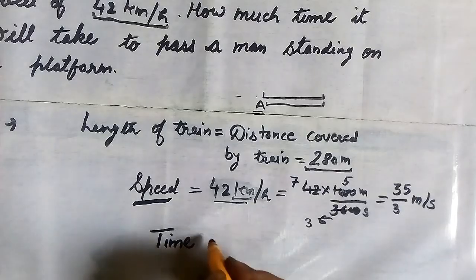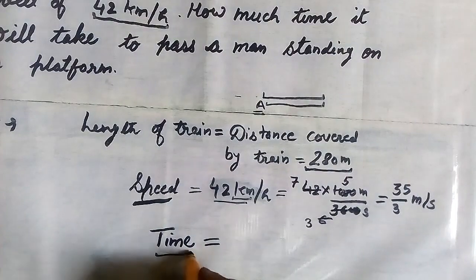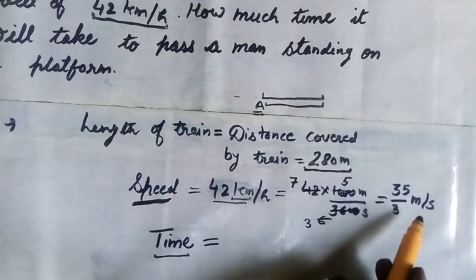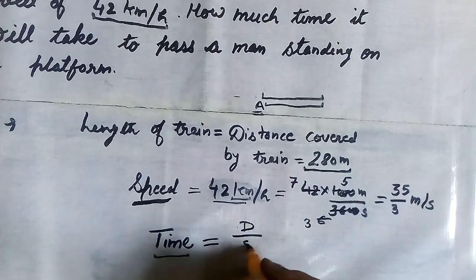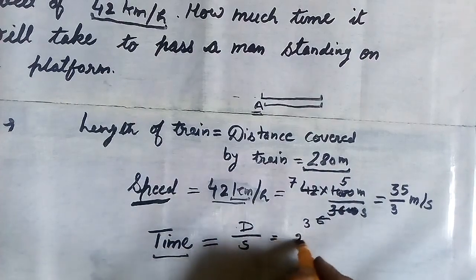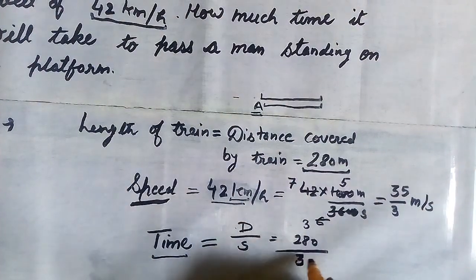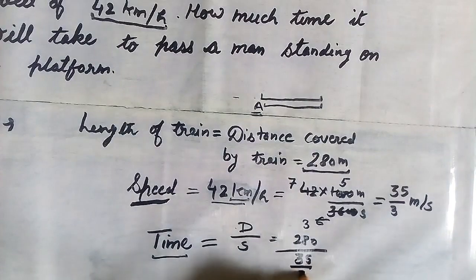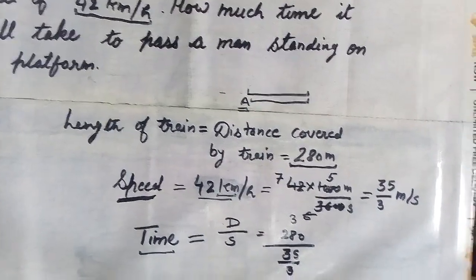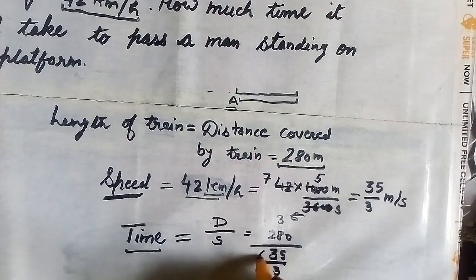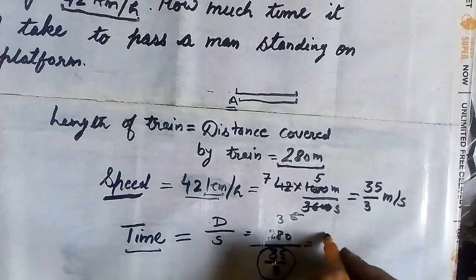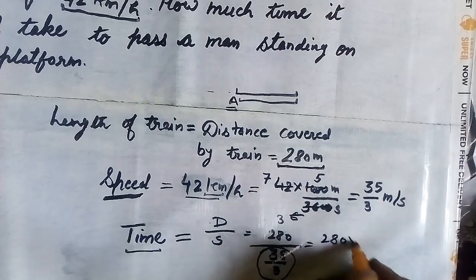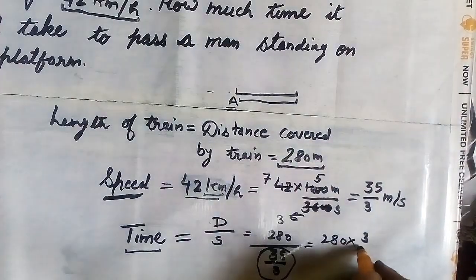Now you are asked to find out the time. So you know that time equals distance upon speed. So distance is 280 meter whole upon 35 upon 3. So you know how to divide the fractions. You have done it in previous classes. The denominator is 35 upon 3, so it will become multiplication by taking its reciprocal.